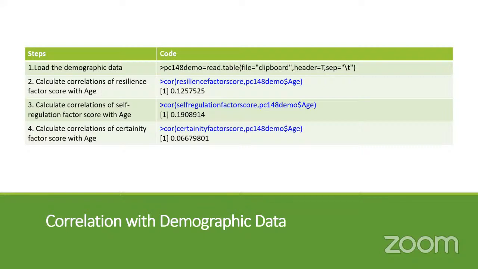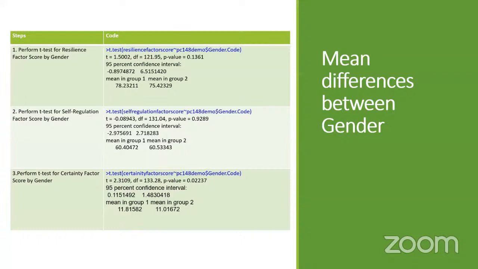Next is the mean differences. Again, you will find that it is only the certainty, this particular value, that is different in the case of the male and female difference.